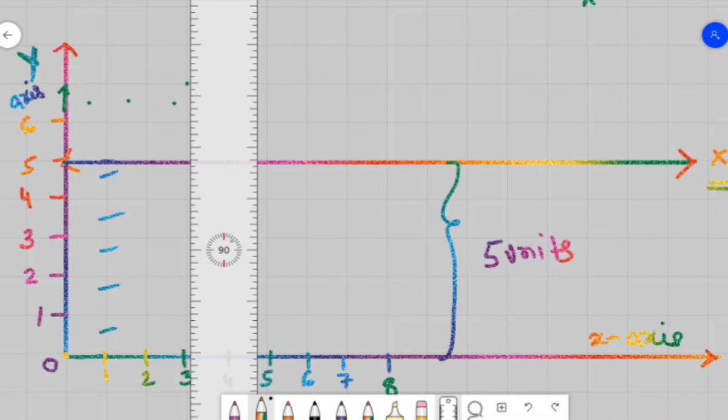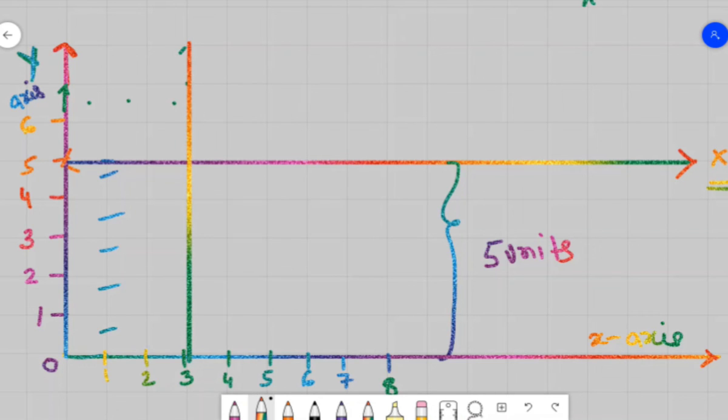You can see this y-axis here, and this is the line which is parallel to y-axis. Parallel to y-axis means perpendicular to x-axis. And now the name of this line is PQ, and this is 3 units from y-axis.